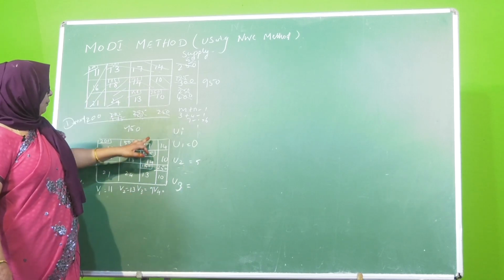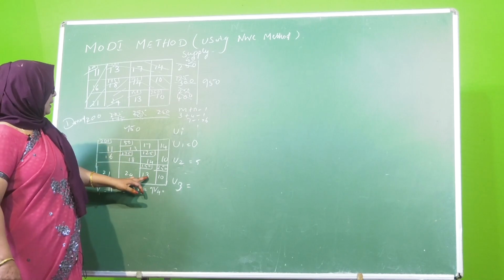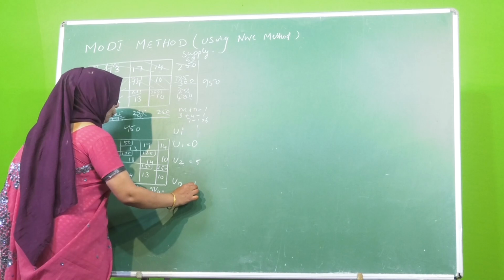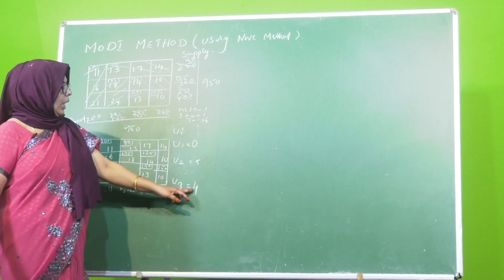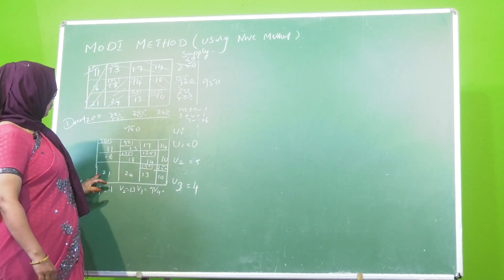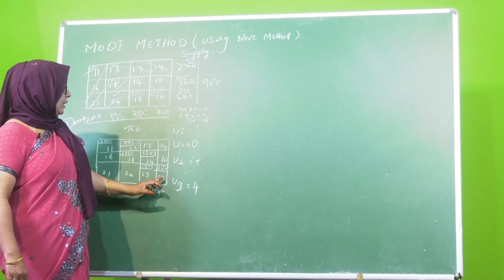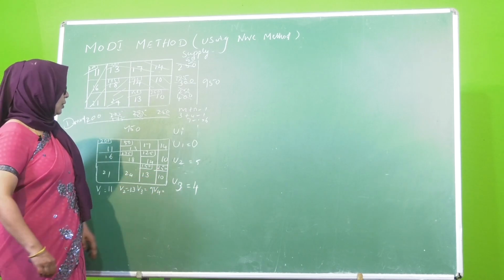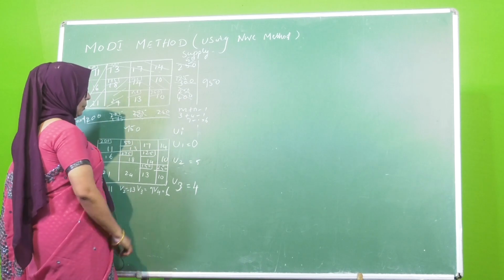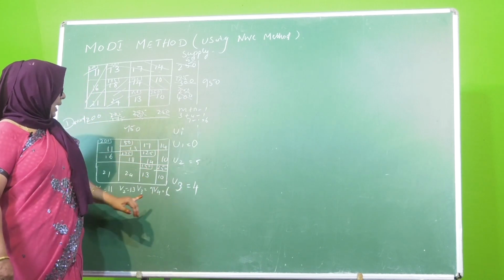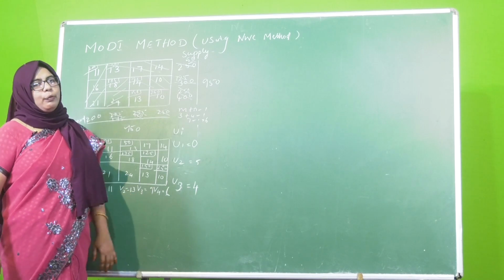Using this 9, we have this column: 13 minus 9 is 4. Using this 4, we choose this row, where 250 is the original allocation: 10 minus 4 is 6. That gives U1, U2, U3 and V1, V2, V3, V4.